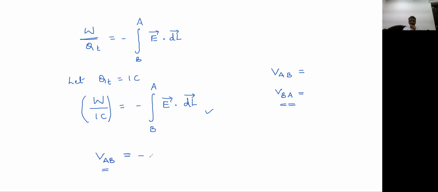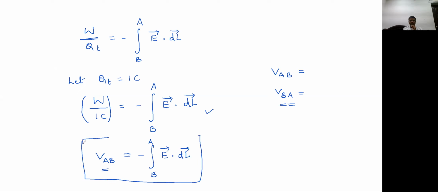Now V_AB is equal to minus integral from B to A of E vector dot dl vector. So this is the expression for the potential difference from the work done expression, and its units are, see here, the unit of work done is joules, and the unit of charge is coulomb.